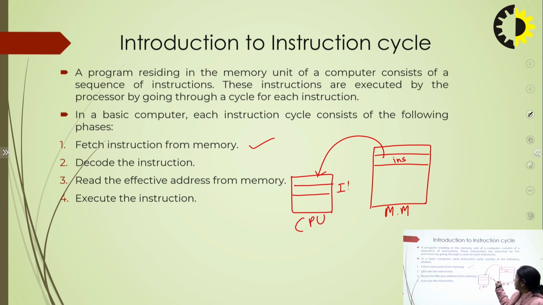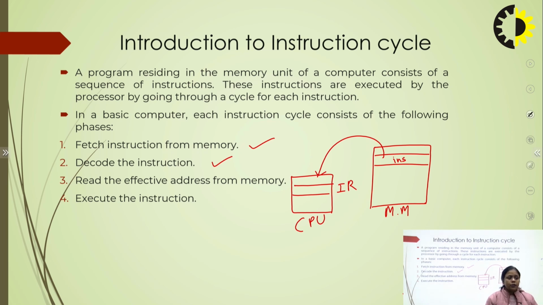IR is the name of the register where this instruction will be stored. When this instruction has come into the CPU, the first phase is completed, which is known as fetch instruction from memory. Now the next subcycle of the instruction cycle is decode the instruction.